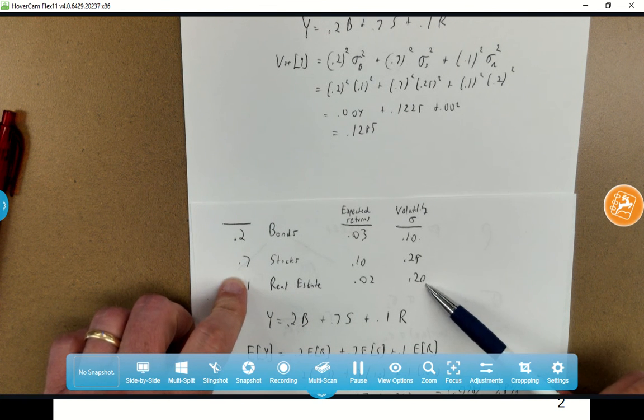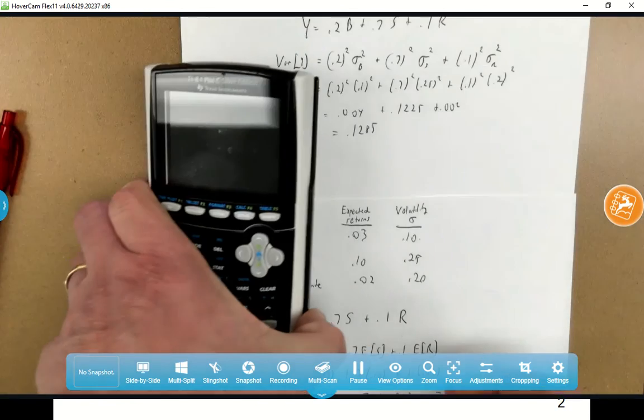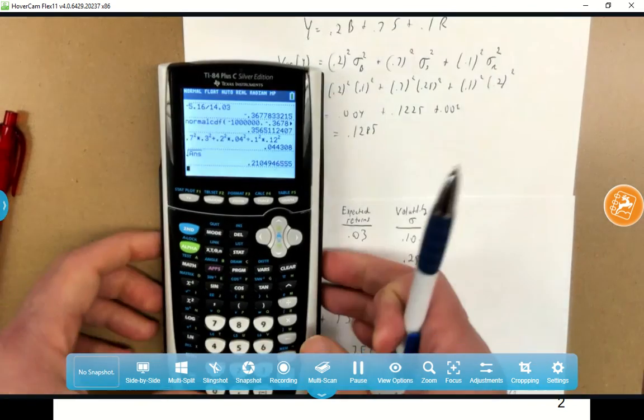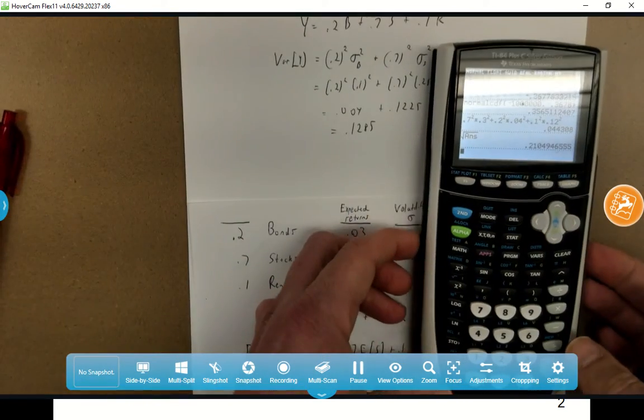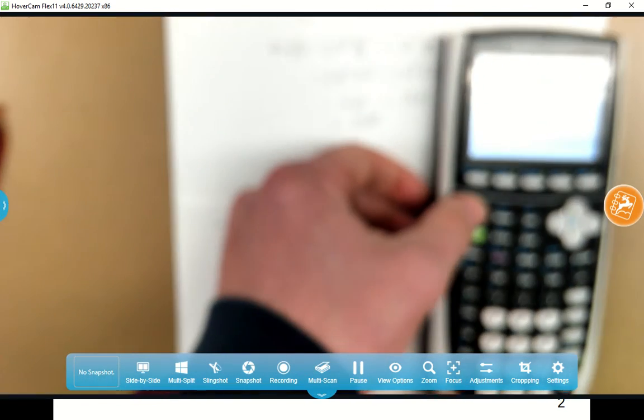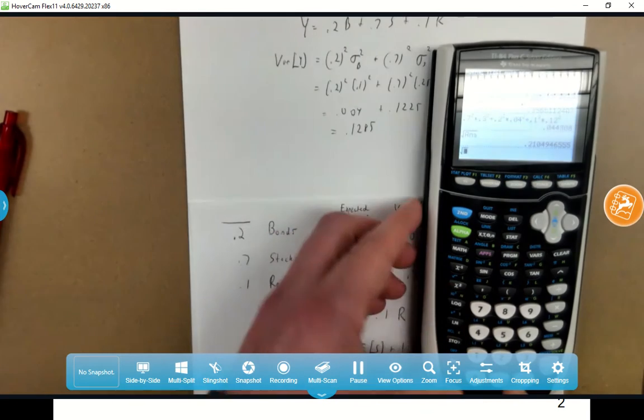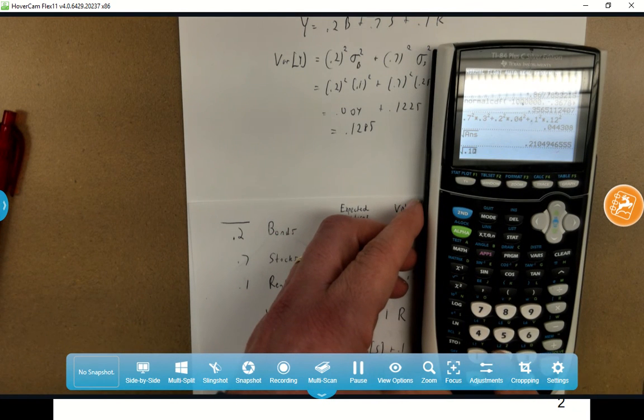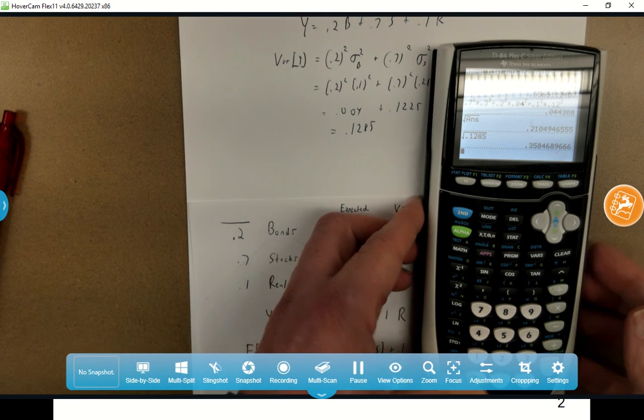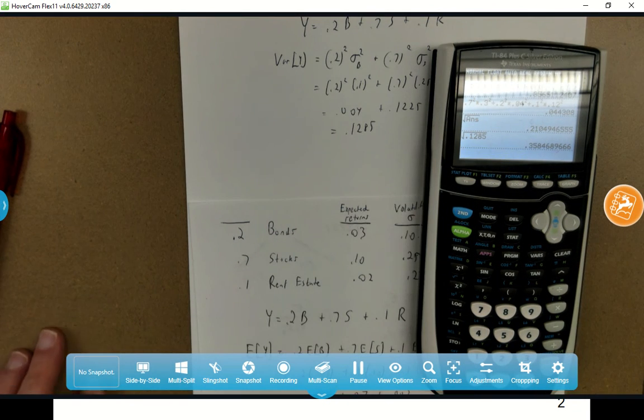Actually, that's just the variance. I'll need to find the square root of that. So the square root of 0.1285 turns out that I've got a volatility of 0.35, which is not possible.